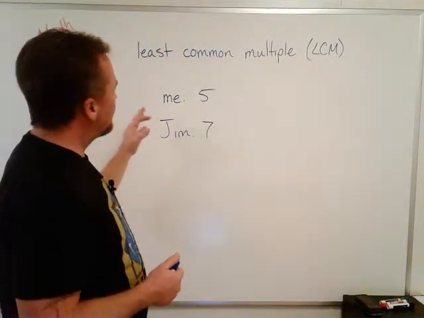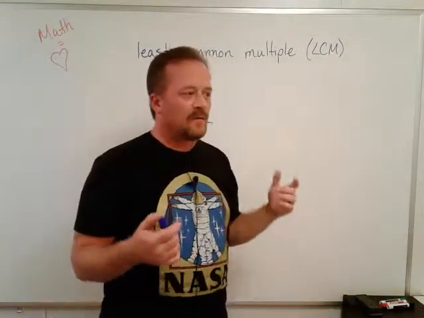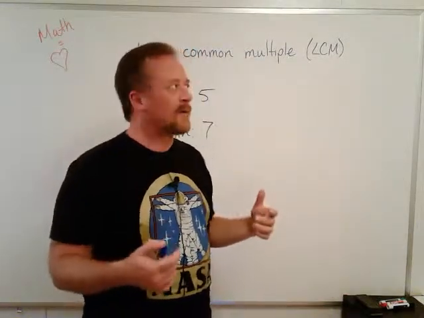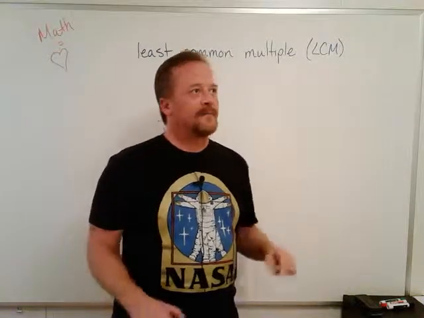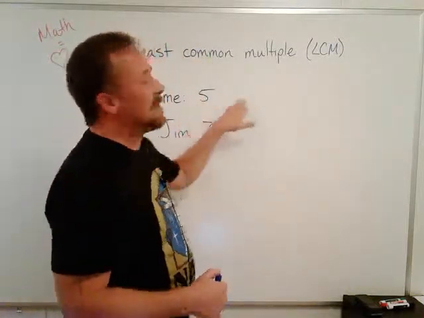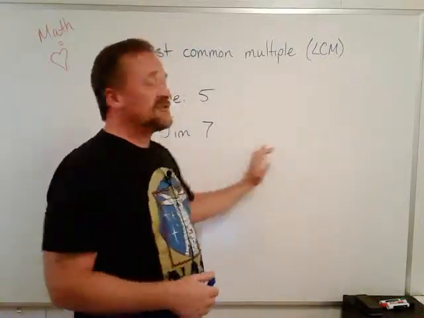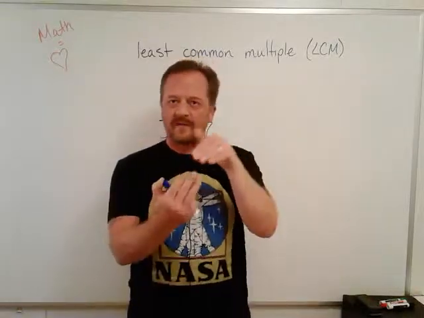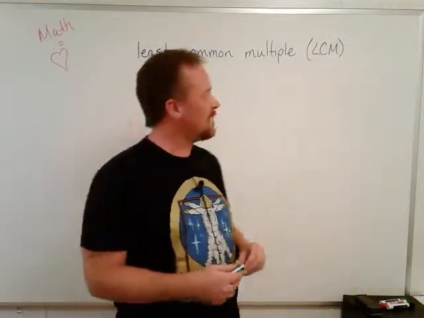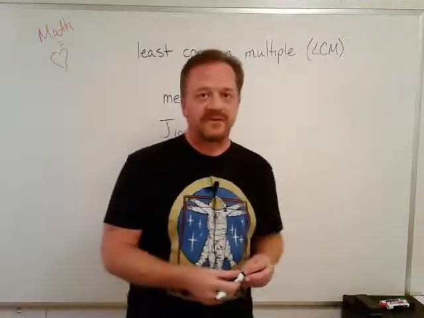But my plan of attack needs to be finding out how I'm going to get a list going where I can see when we're going to... I've got it. How about I list all the times I'm going to go to the gym, and then I'll list all the times that Jim goes to the gym, and then we'll try to find the smallest match.